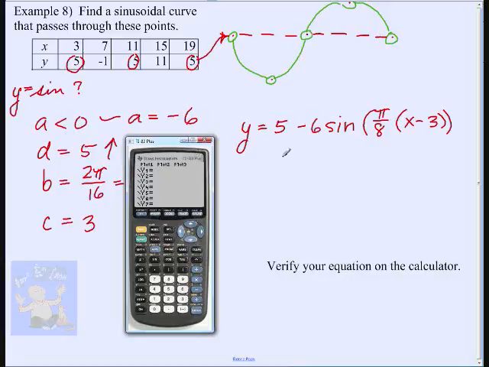Let's put our equation in. My vertical translation is 5, it's reflected, so I'm going to say minus. My amplitude is 6. I'm using the sine wave.